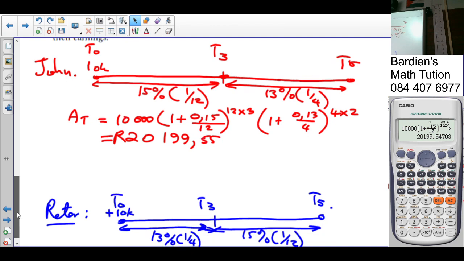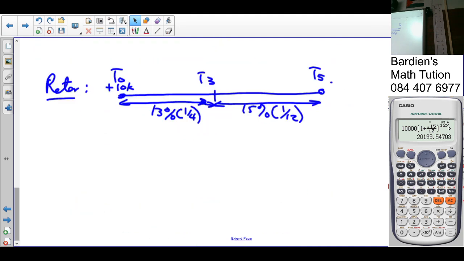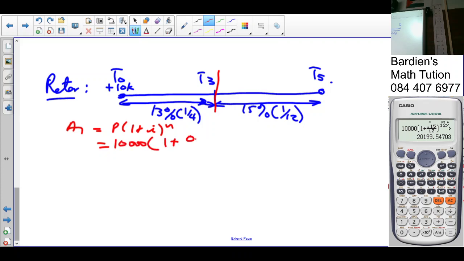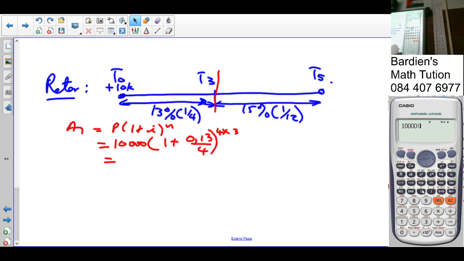As promised, I'll do the other method here. You're going to need to take it till that point. So for A1, it's going to be P into 1 plus i to the exponent n. Don't have to write the formula down every time. It's going to be 10,000 into 1 plus 0.13 over 4 to the exponent 4 times 3.